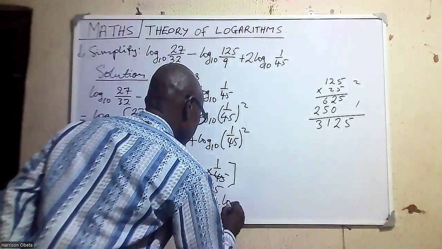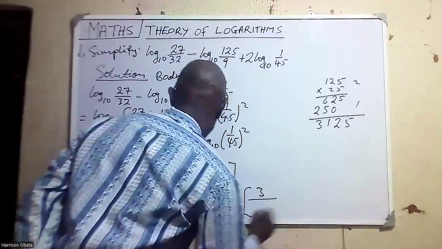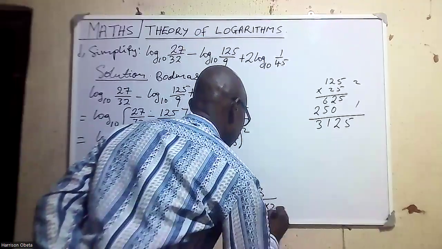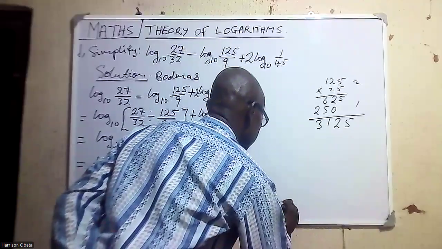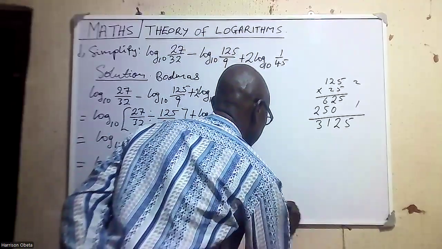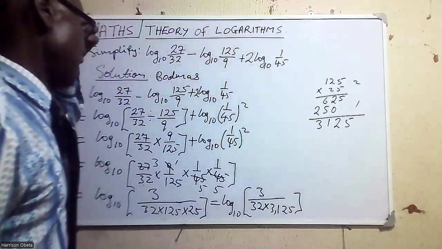That is log of 3 over 32 times 3, 1, 2, 5. Sorry, 3, 1, 2, 5. Then we multiply further.